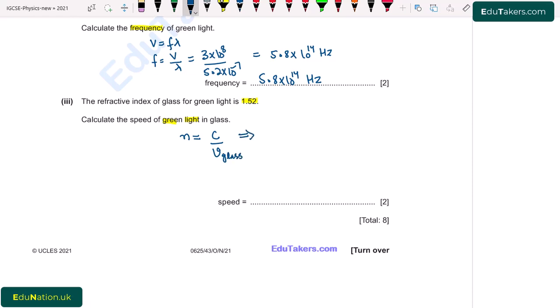Here we have to calculate V glass. It will be equal to C over N. The speed of light is 3 into 10 to the power 8 divided by the refractive index 1.52, and it comes to be 2.0 into 10 to the power 8 meter per second. So the speed of green light in glass will be 2.0 into 10 to the power 8 meter per second.